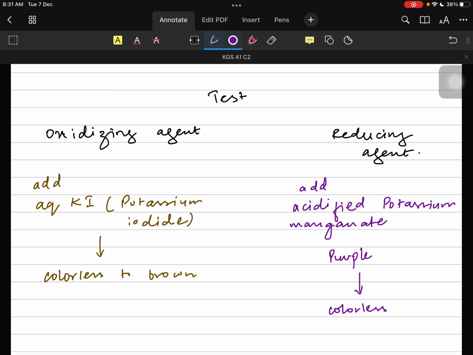So if it's a chemical that you don't know anything about, but you want to test for a reducing agent, you add acidified potassium manganate. If the color changes from purple to colorless, then the other chemical is a reducing agent.